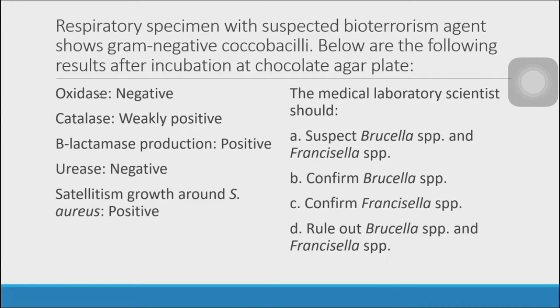So yung biochemical results niya includes oxidase negative, catalase weakly positive, beta-lactamase production positive, urease negative, satellitism growth around S. aureus positive. So ang tanong, the medical laboratory scientists should, letter A, suspect Brucella and Francisella, B, confirm Brucella species, C, confirm Francisella species, D, rule out Brucella and Francisella.